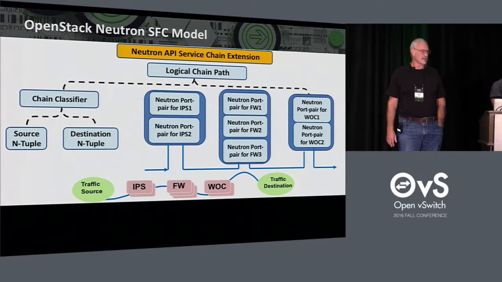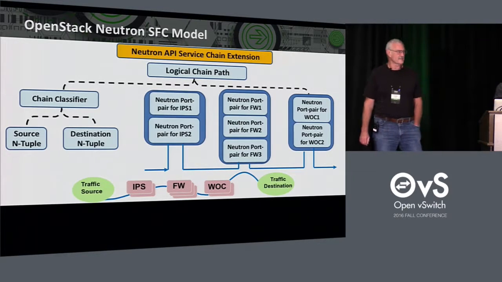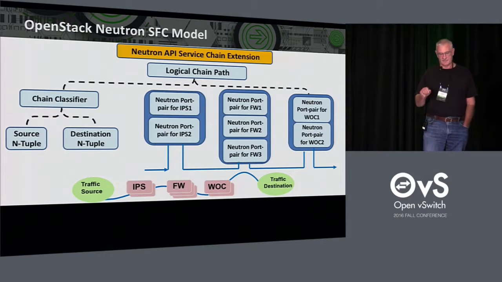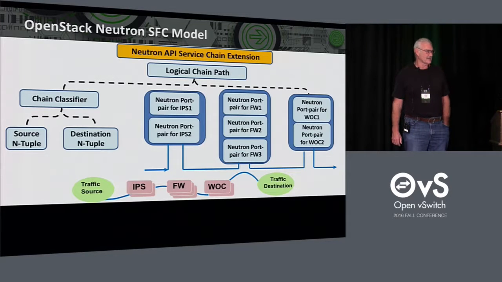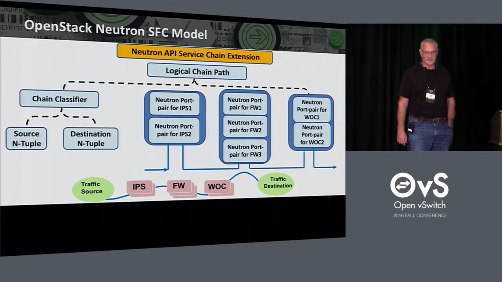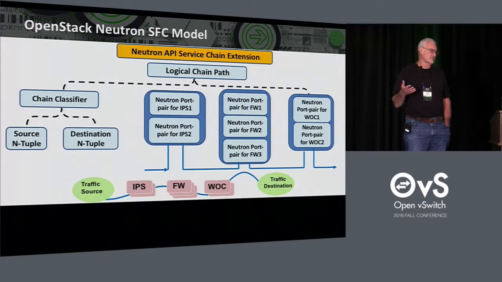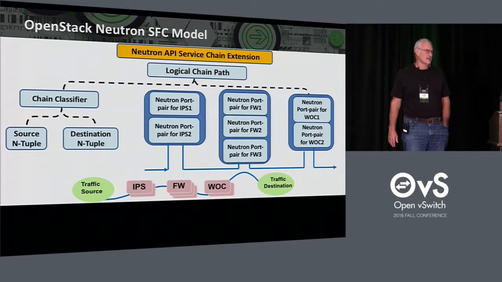In addition, we have a chain classifier, which comprises the source and destination tuples, and these control the traffic that actually goes into the port chain. Shown at the bottom are a number of service functions, with different instances for each one. The structure allows an application to make requests to create and delete these resources to create the port chains.